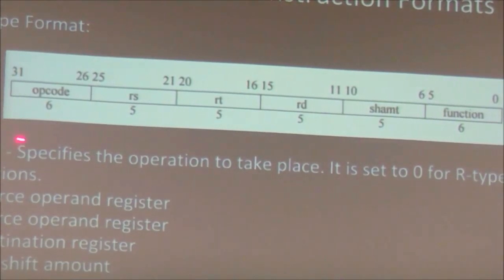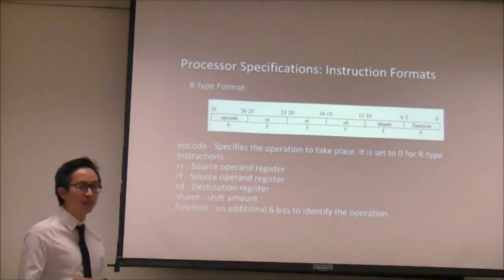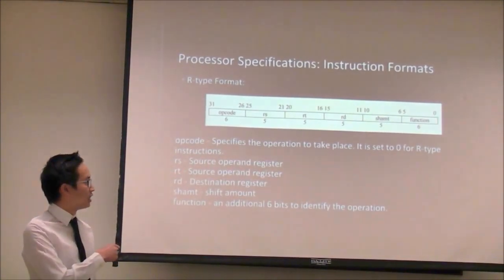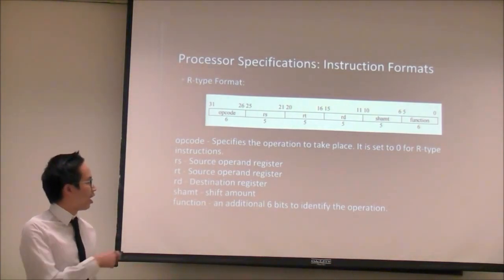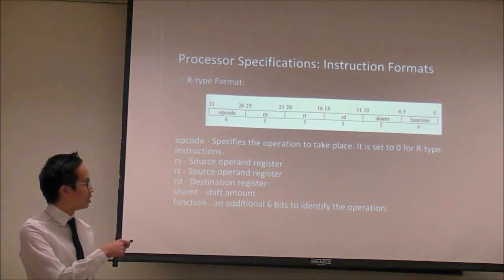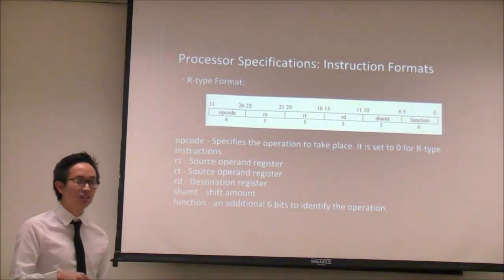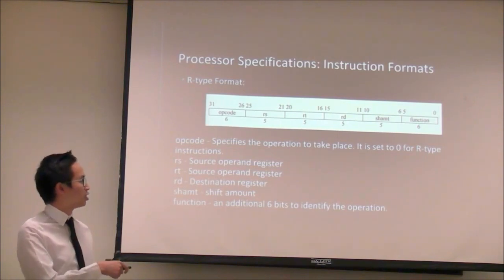And following that opcode field is the RS field, which is the 5-bit source operand register field. And after that is the second source operand register field, RT. And following that is the RD field, which specifies which destination register will be written into during the instruction.